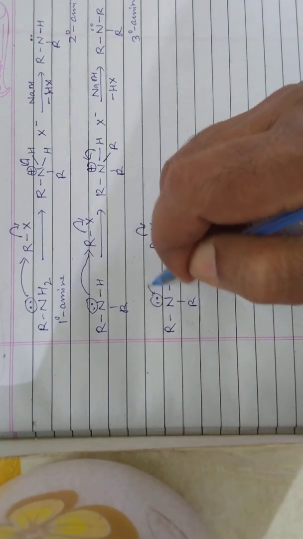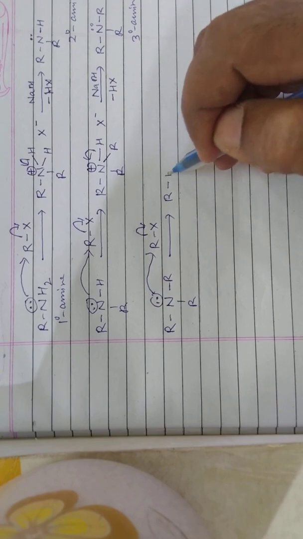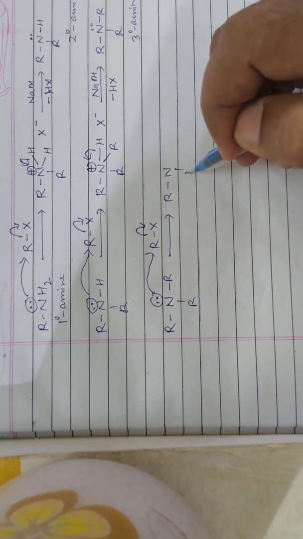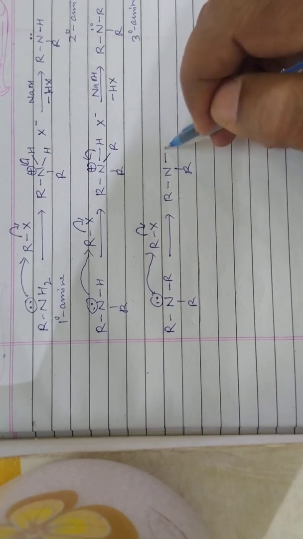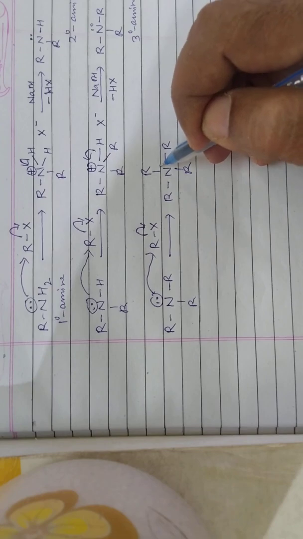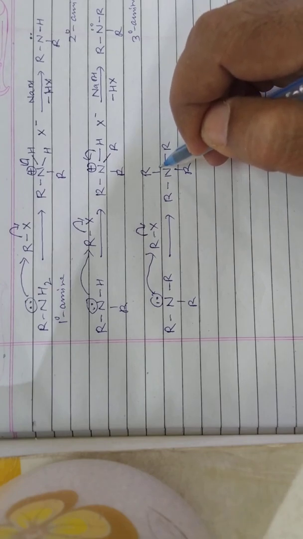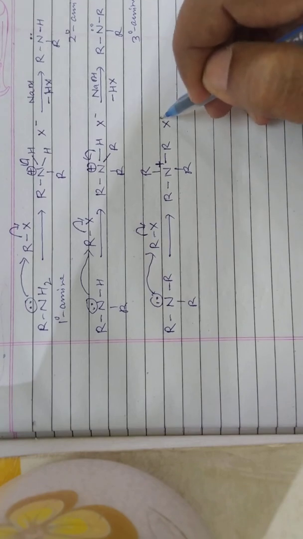so in the same manner the reaction will continue. R N R R, and again one R, and here nitrogen gets a positive charge, so we can write positive and X negative.